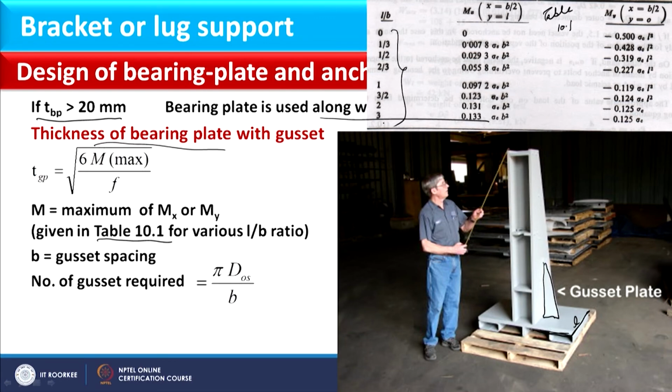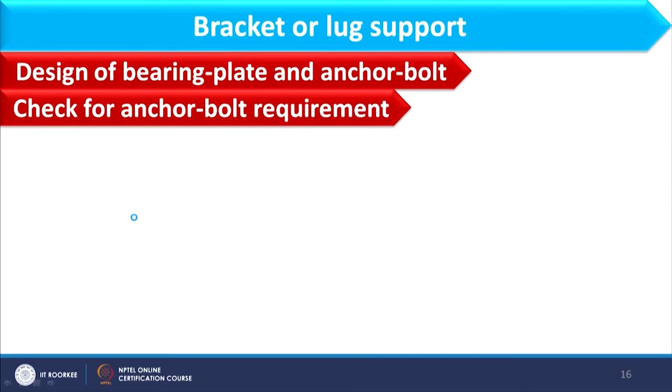So, whatever would be the ratio of L by B, accordingly you can find out Mx or My, and in this expression you need to keep maximum values of these two, which is already mentioned over here. So, in this way you calculate the thickness of bearing plate.